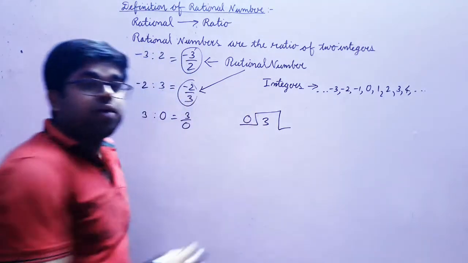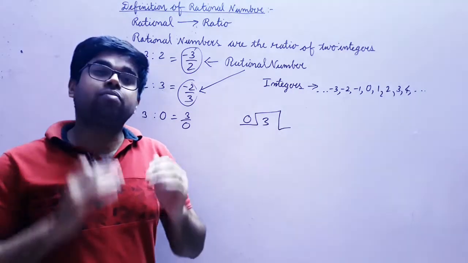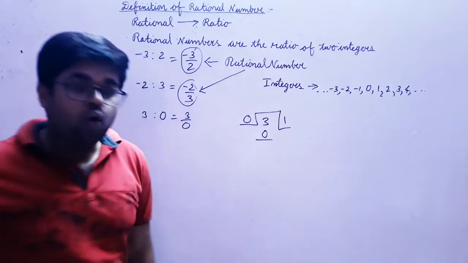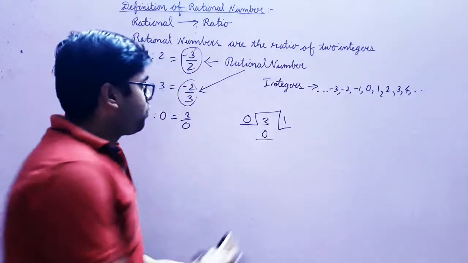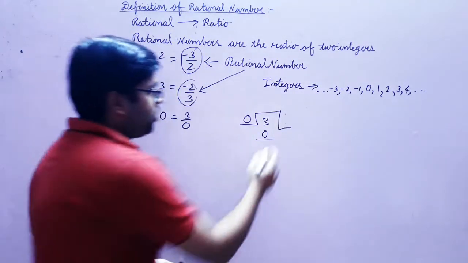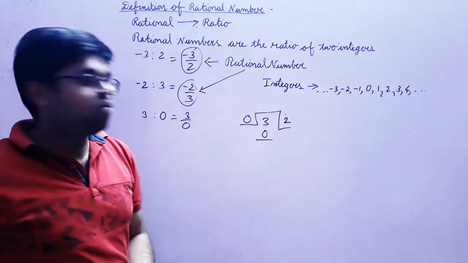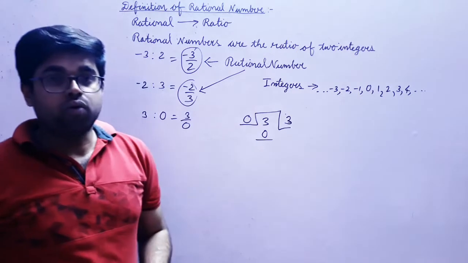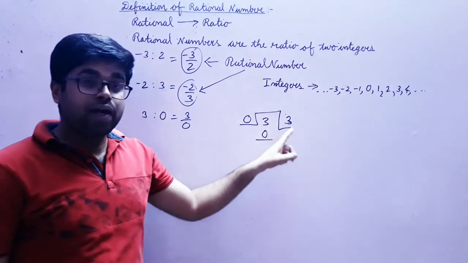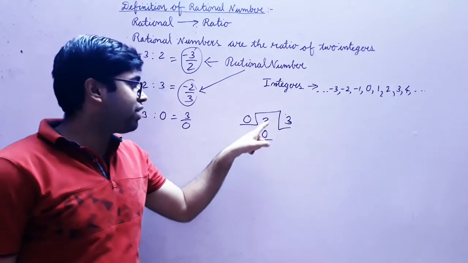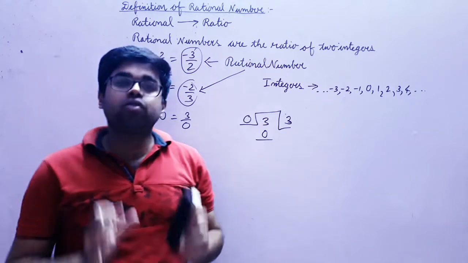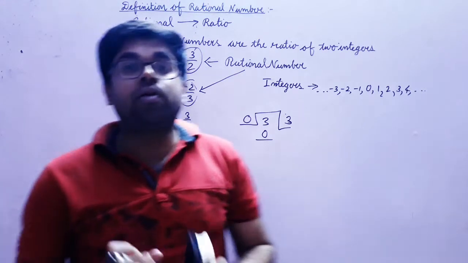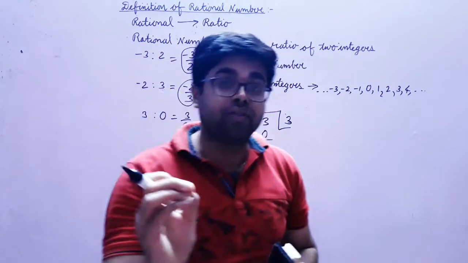by whatever number you multiply 0, for example let us multiply 0 by 1, you get 0. Or when you multiply 0 by 2, then also you get 0. If you multiply 0 by 3, then also you get 0. That is, by whatever number you multiply 0, you always get 0, you'll never get 3. That means 3 is not divisible by 0. In fact, any number is not divisible by 0.